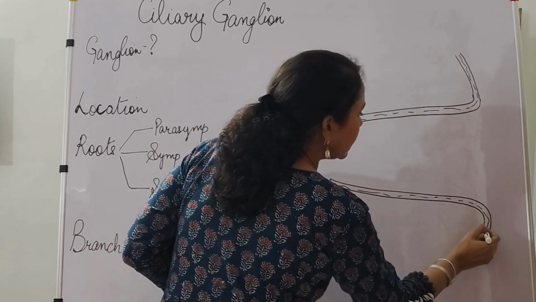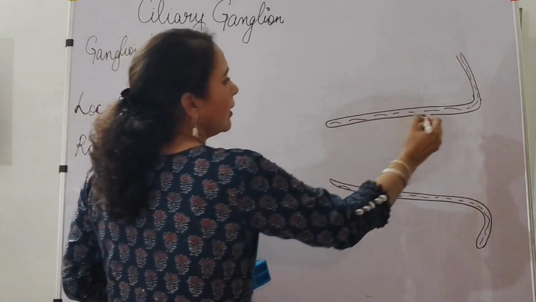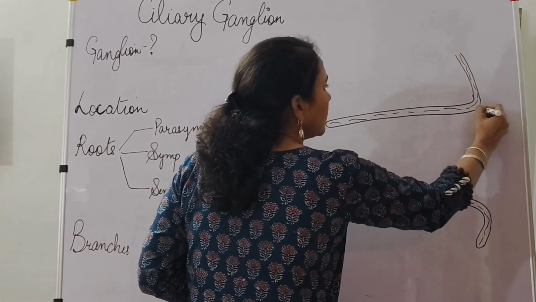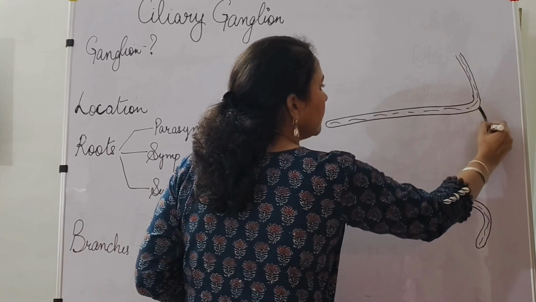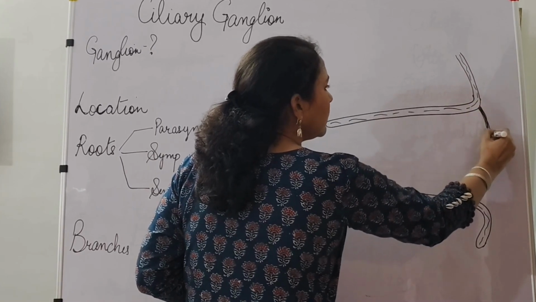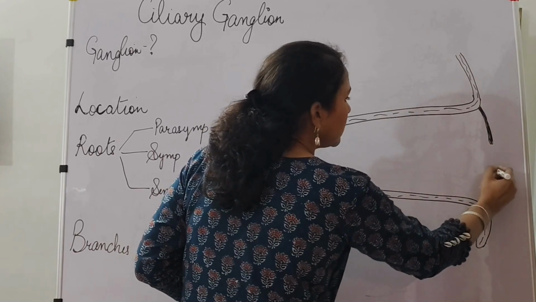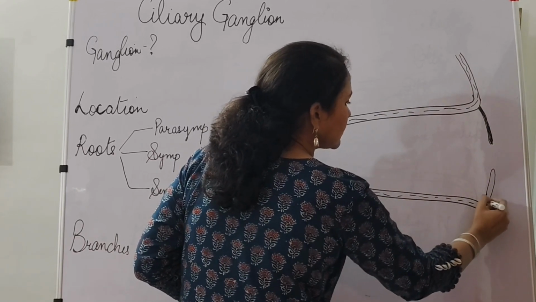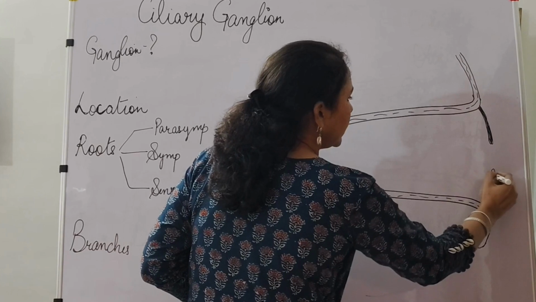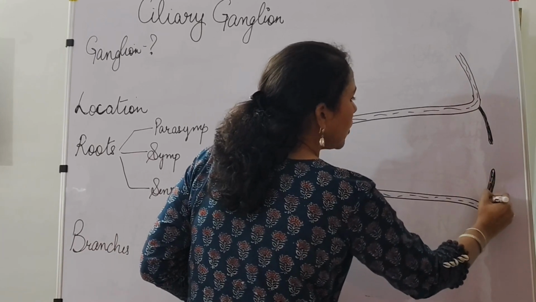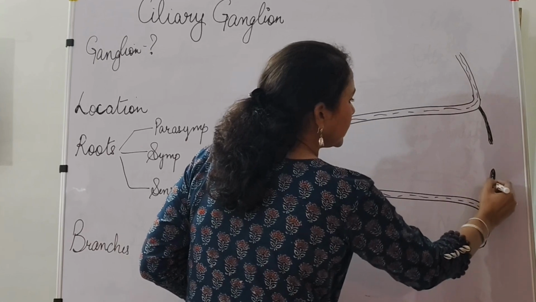So this is the pyramidal bony cavity. This is the orbital septum. As I am explaining to you, you can draw it with me, and you can also label all the structures which we are drawing. So this is the orbital septum.